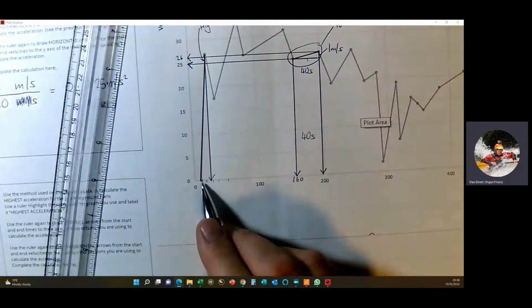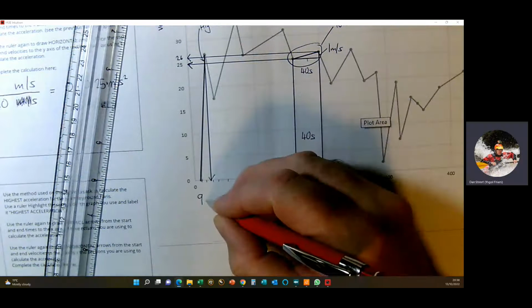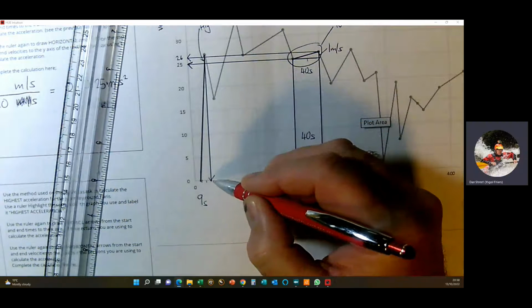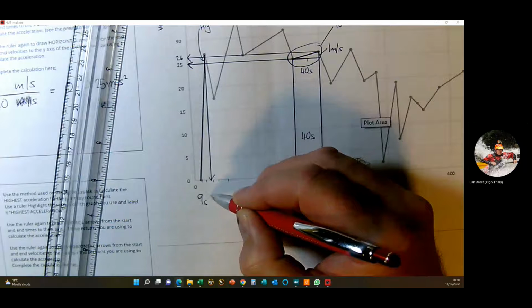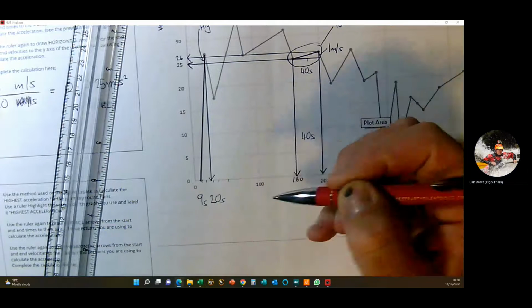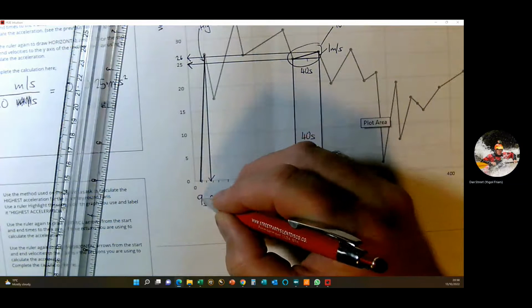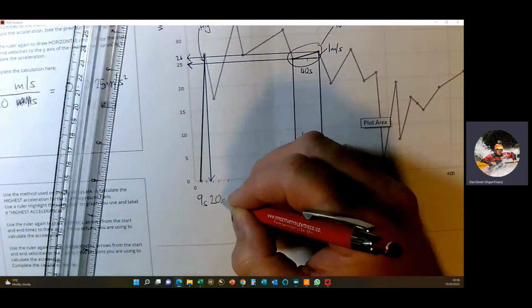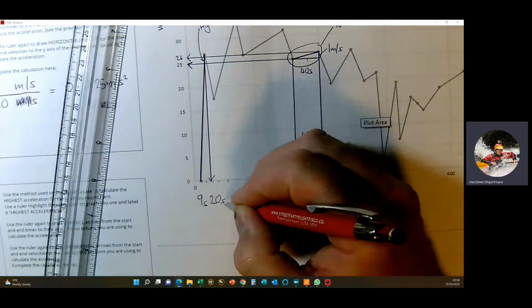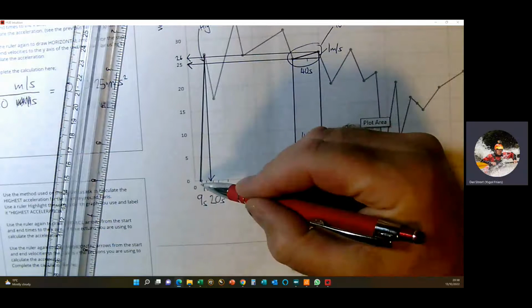So we're talking here about 9 seconds. And here we're talking in the region of 20 seconds. So the difference, 20 take away 9, is 11 seconds. So this acceleration here happens over a period of 11 seconds.